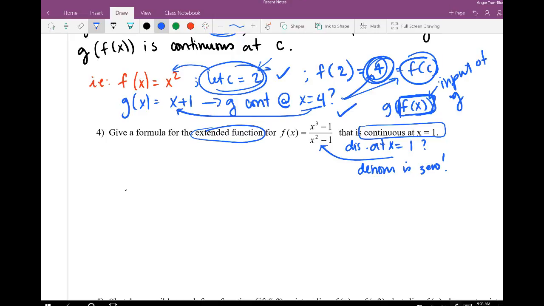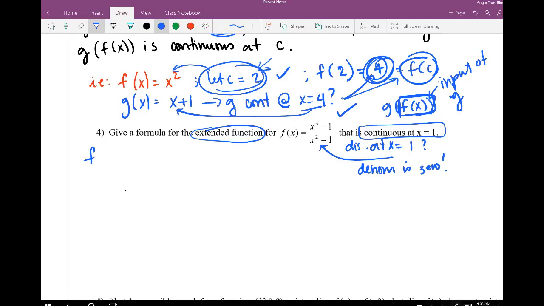This is a version of how to patch the hole. It's not exactly patching the hole using the same equation, but it's making it continuous at the location that we have stated is not supposed to be continuous.